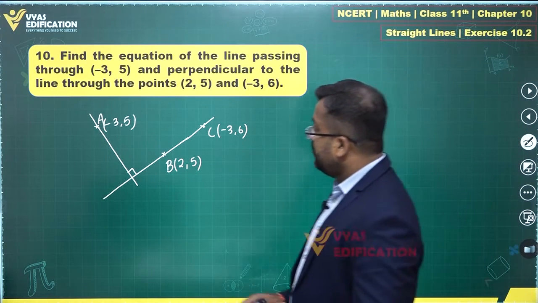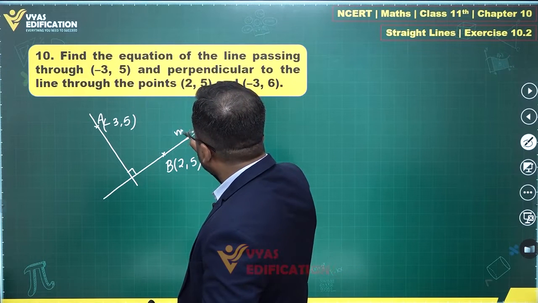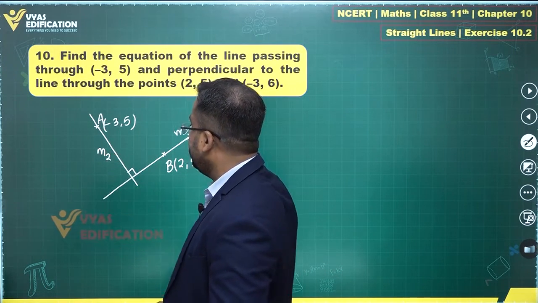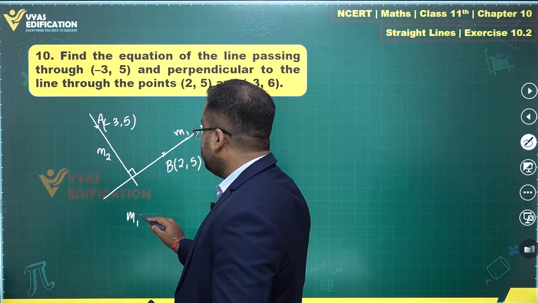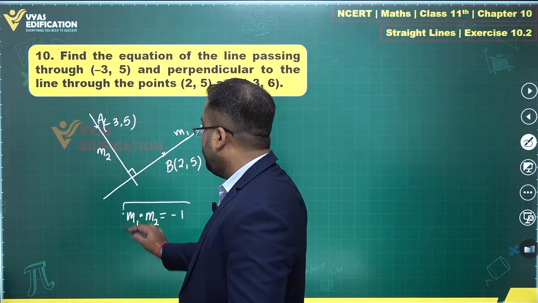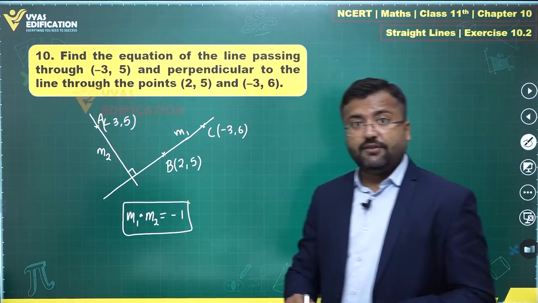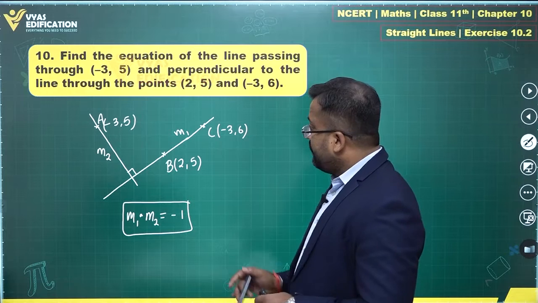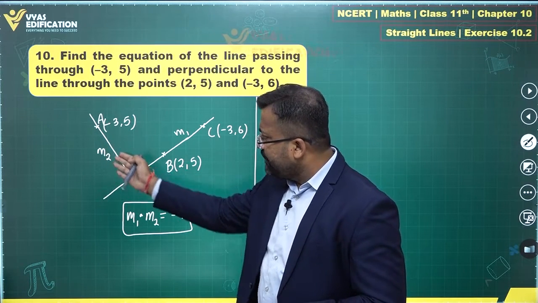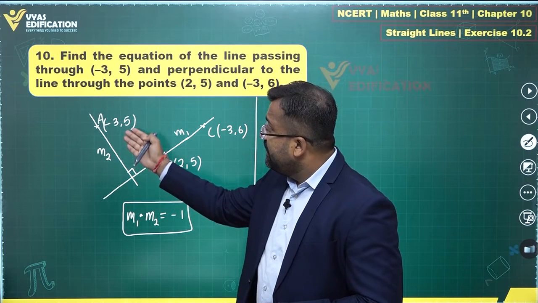If the slope of this line can be found as m1, the slope m2 of the required line can easily be found. Since they are perpendicular, the product m1 times m2 will be equal to minus 1. This is a condition. What is m1 equal to? By the way, the equation of this line is being asked. The point is known.